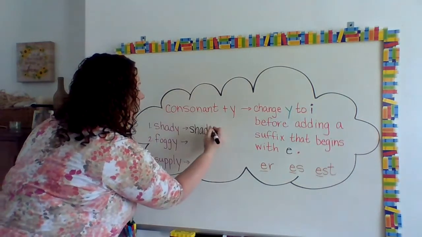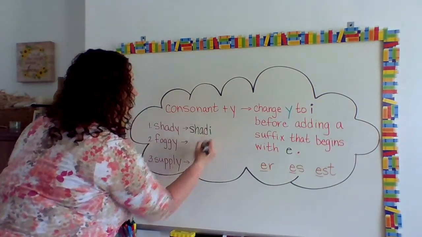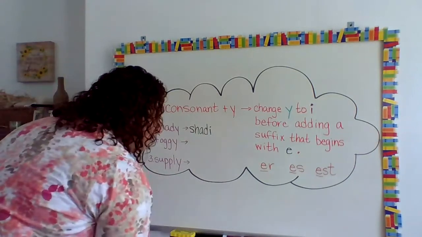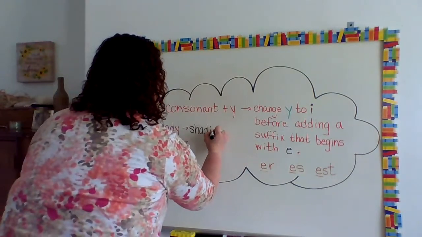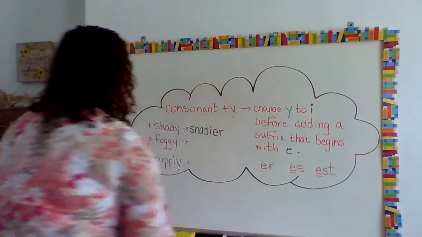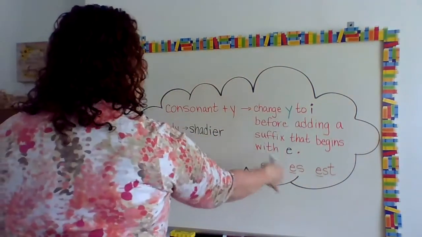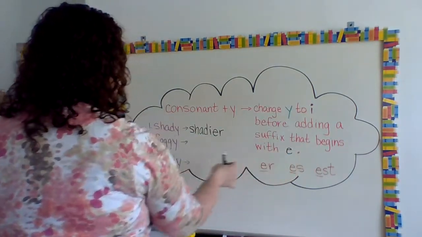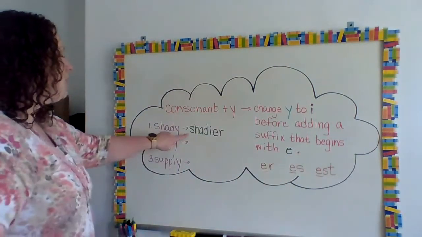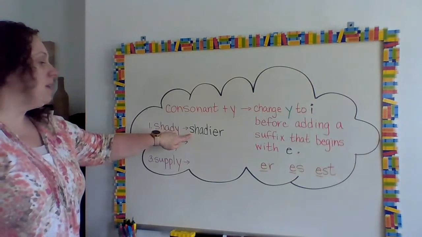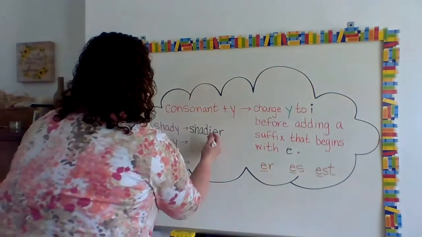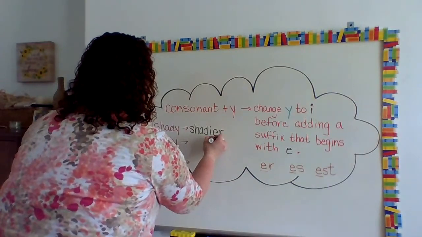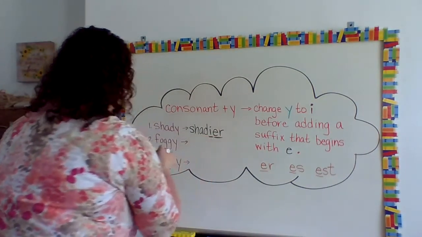Say goodbye to the Y. We're going to add the E. And then I believe your other word, let me look in the book here, is shadier. So we're going to add the E-R. So we just need to change the Y to an I before we add a suffix that begins with E. So this is your example for shady, and we have shadier. Notice we changed the Y to an I before we added the suffix ER.